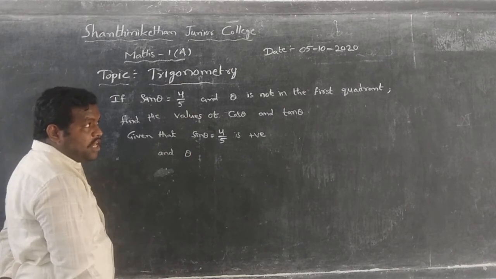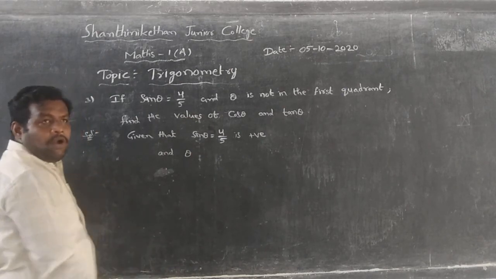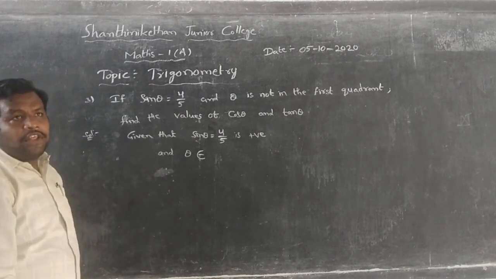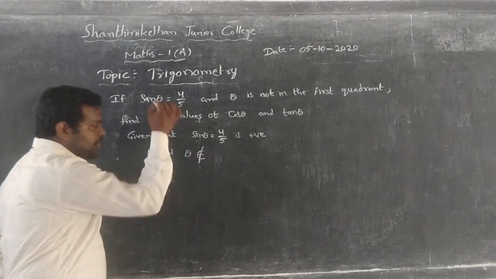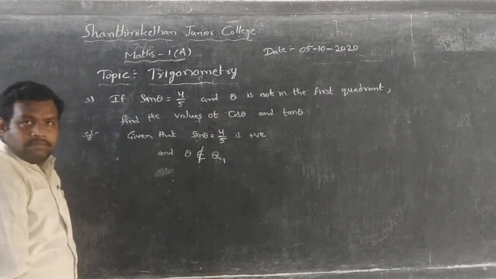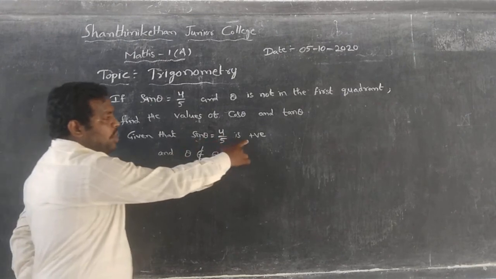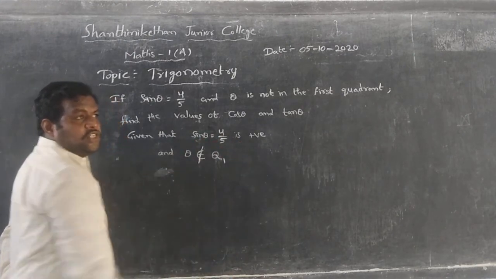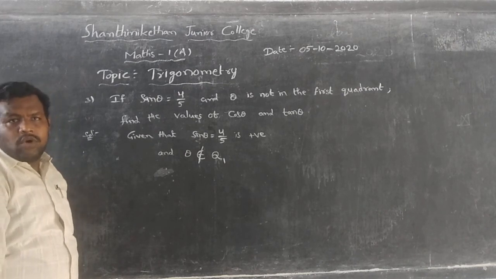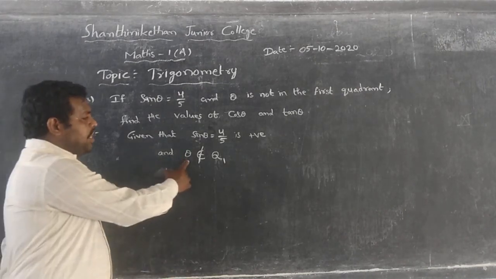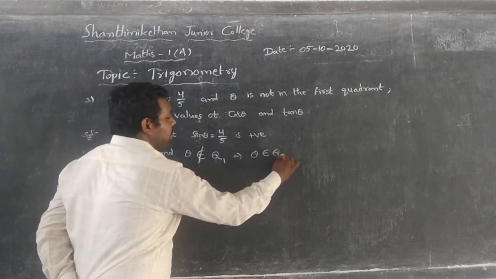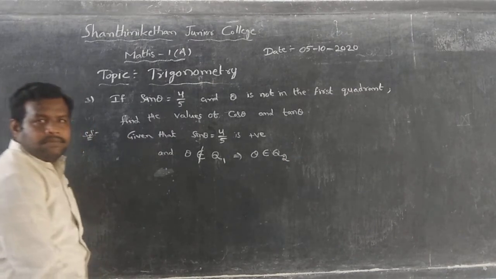Theta does not belong to the first quadrant. Sin theta is positive, which means in which quadrants is sin positive? Either first quadrant or second quadrant. But here theta does not belong to the first quadrant, so theta belongs to which quadrant? Second quadrant.